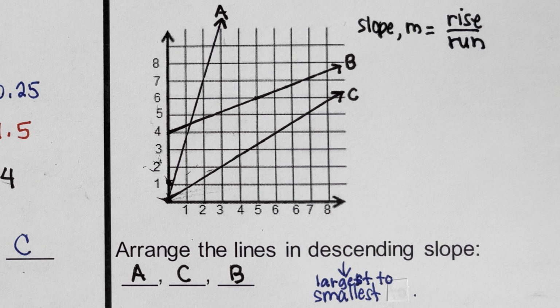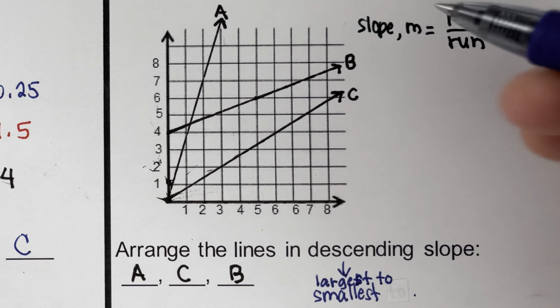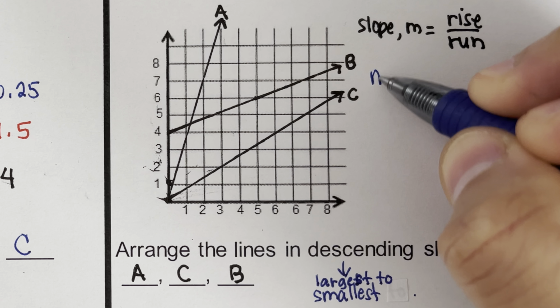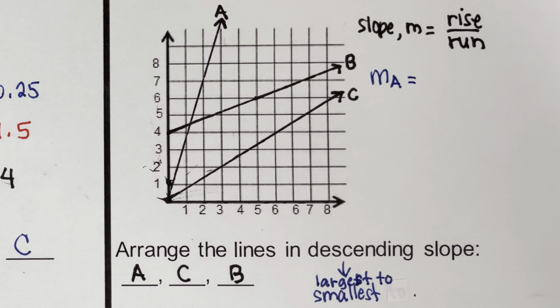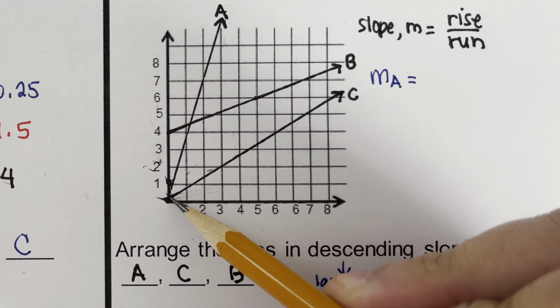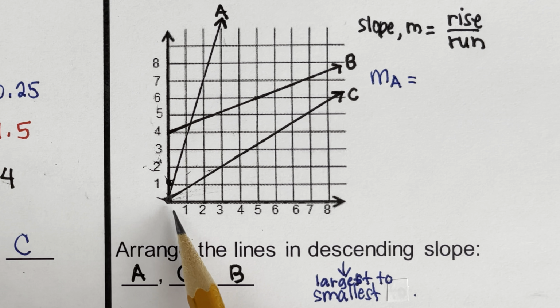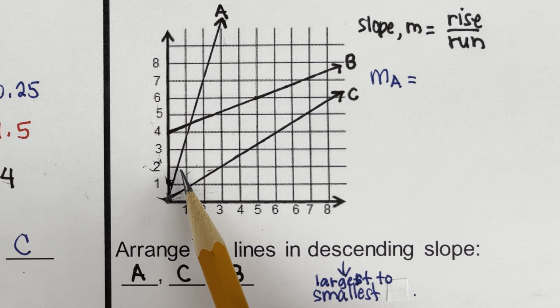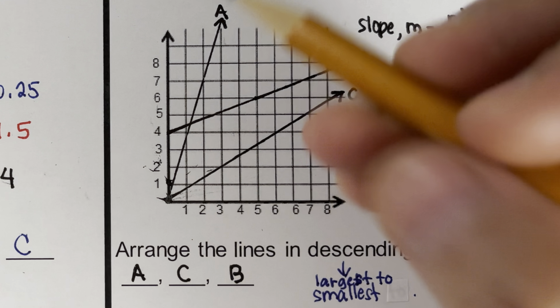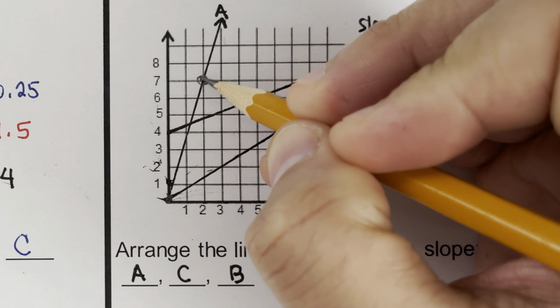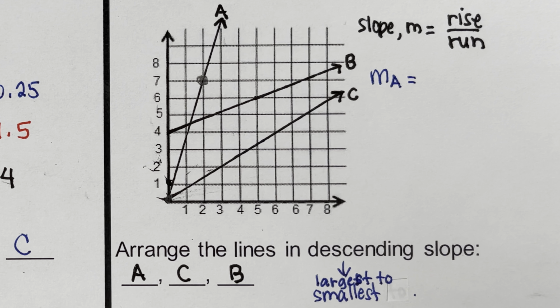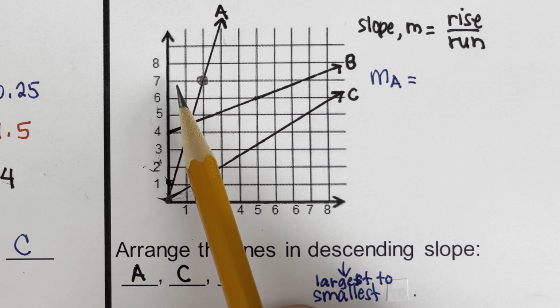Let's determine first the slope of line A. I'm going to label this as M sub A, which means the slope of line A. We're going to look for lattice points here. So we start from here. That's the first lattice point for line A. Then we trace the line and it goes all the way here. That is the second lattice point, so that we can determine how many times we rise and how many times we run to the right.